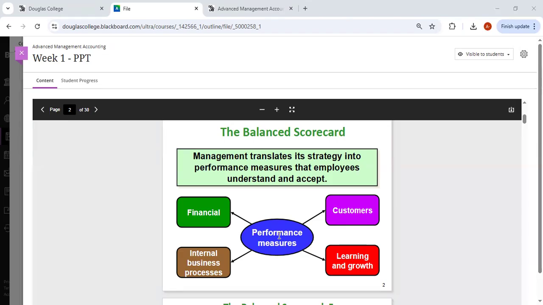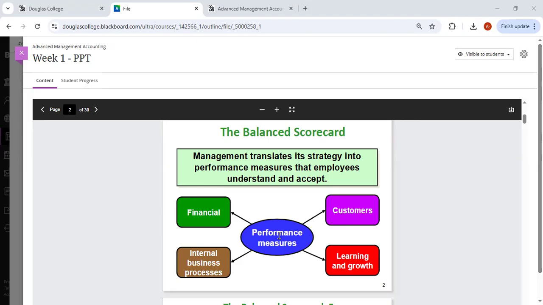Why does he pay me less? And then you start looking at the customer: what the customer needs, what the customer wants, what makes the customer happy. Because at the end of the day, what I want you to realize is that whatever resources we get, they come from the customer.